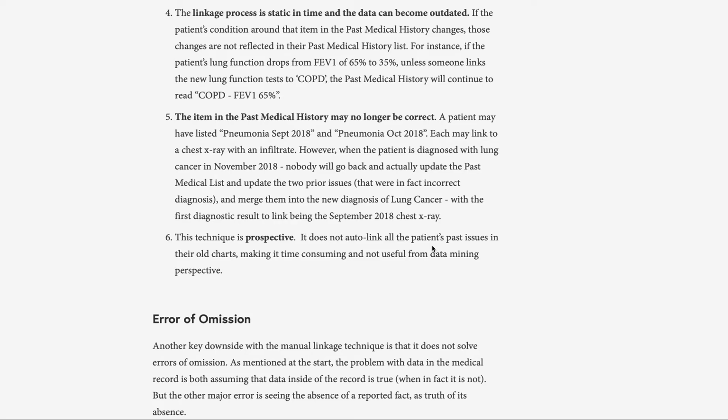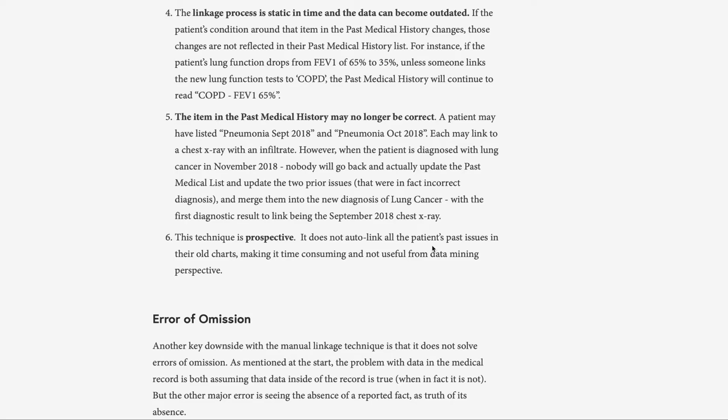However, if the patient is then diagnosed in November 2018 with lung cancer, someone would have to go back manually and essentially erase the 2 diagnoses of pneumonia, September 2018 and October 2018, and merge those into supporting evidence of the diagnosis of lung cancer, because those were probably misdiagnoses and the patient's infiltrates were lung cancer.